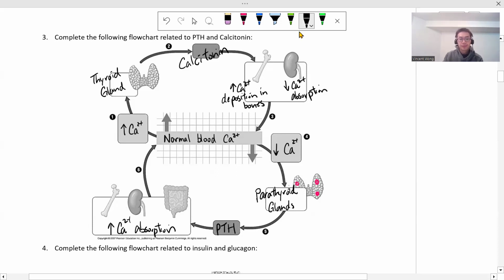So these are the only sources of calcium. And that's going to bring the blood calcium level back up. That's all for PTH and calcitonin. Any questions?